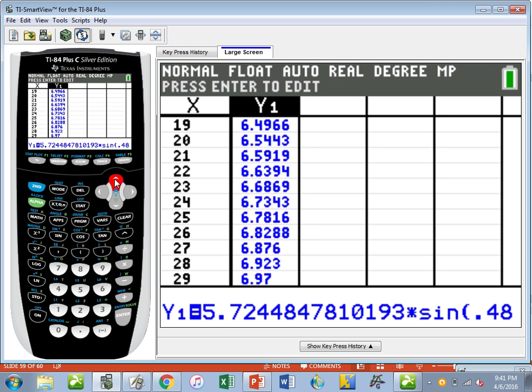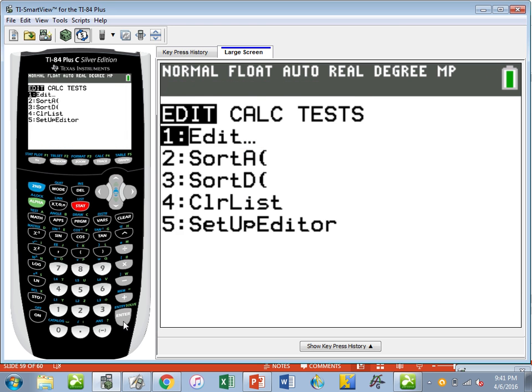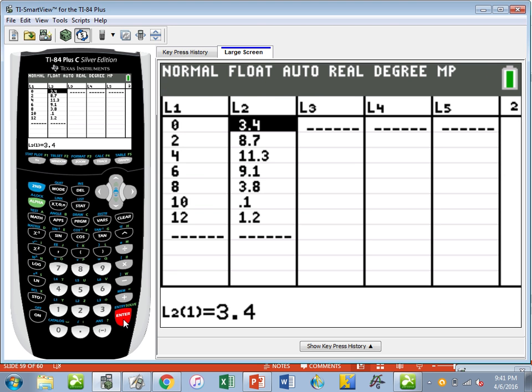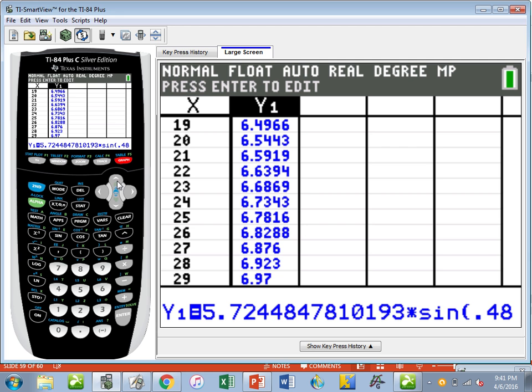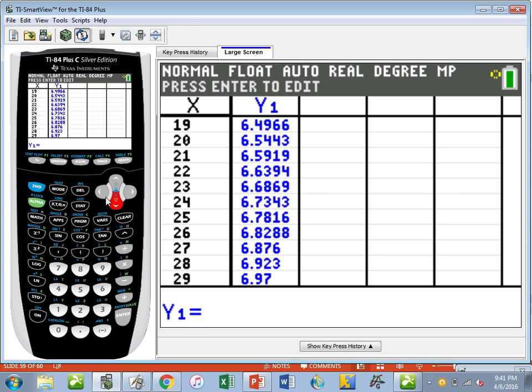Let me check my table again. I'm not really getting any values here that would have a depth of 10 feet.